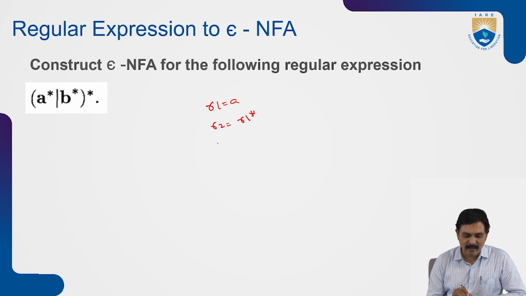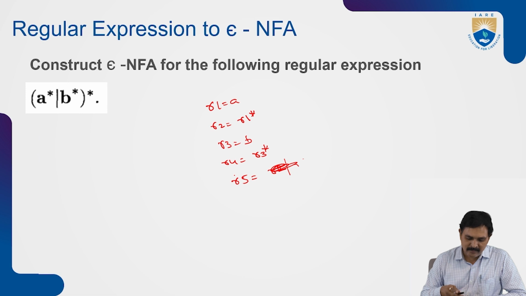R1 equal to A, R2 equal to R1 star, R3 equal to B, R4 equal to R3 star. Finally R5 equal to R2 slash, I'm correcting here.